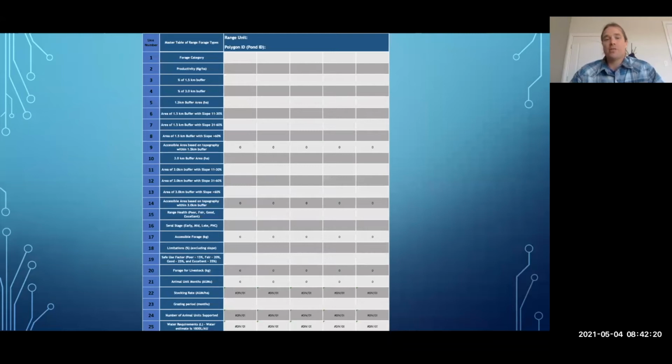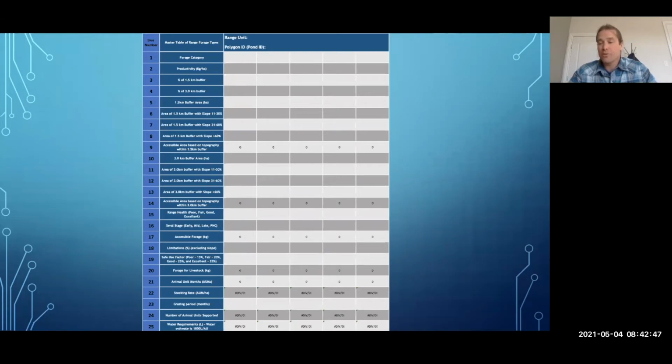And so this is the spreadsheet that I generally use for calculating carrying capacity. The reason why I like it is that there's a lot of information that can be put into it. It allows for inputs on forage type and estimates of productivity. It includes limitations for slope, access, and rangeland health.